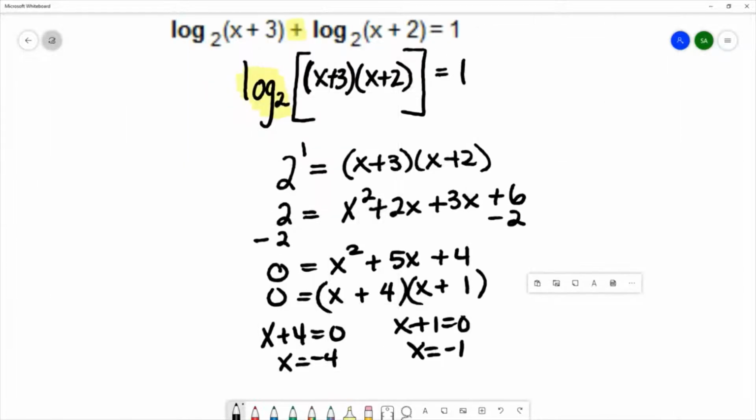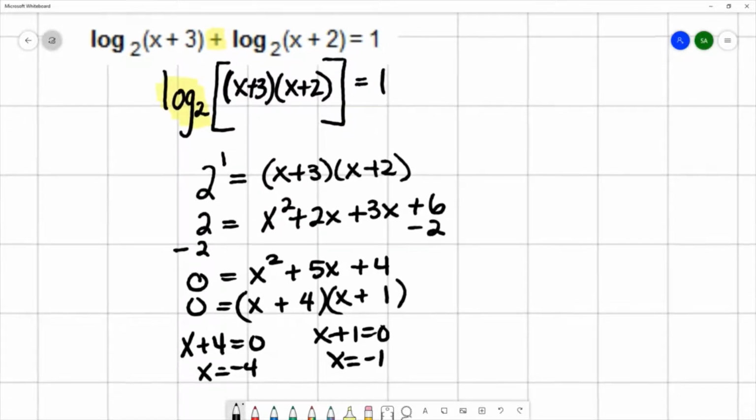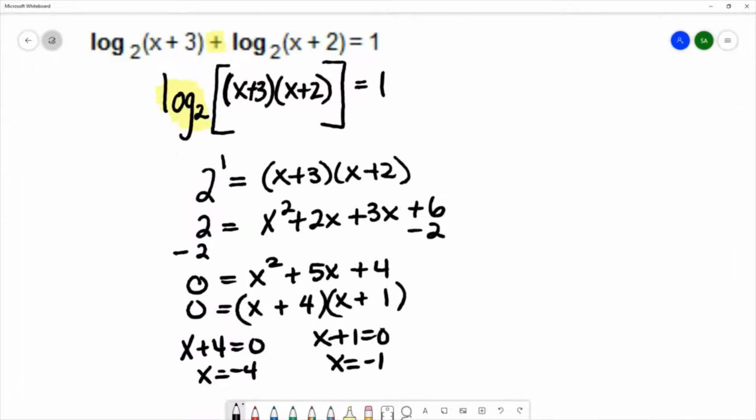With all logarithmic equations, you need to check to make sure that your solutions are in the domain of your original log expressions. And that means that you're checking to make sure that you never take the log of a negative. So let's check x equals -4.